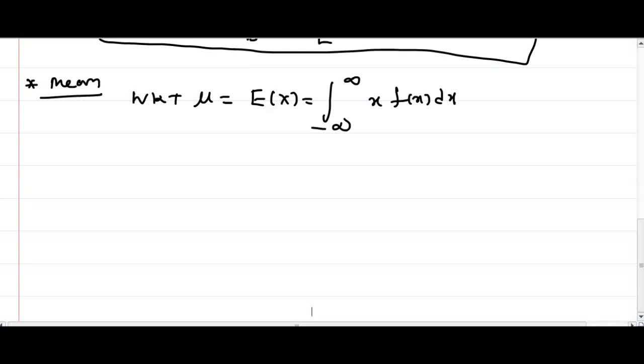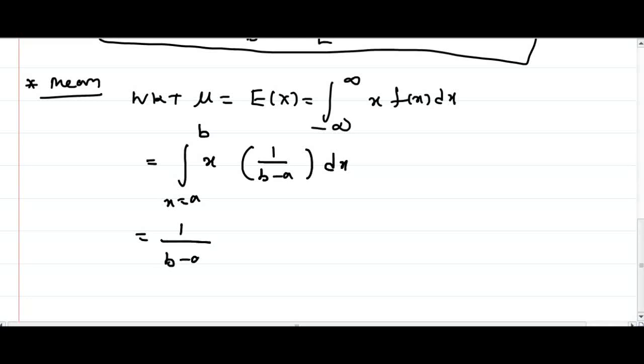We get the integral of x into 1 by b minus a into dx, from x equal to a to b. Here 1 by b minus a is a constant, so we take it outside: 1 by b minus a into the integral from a to b of x into dx. How to integrate this? We know the formula: the integration of x power n into dx is x power n plus 1 by n plus 1 plus some constant c.